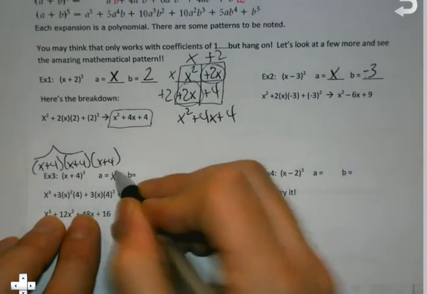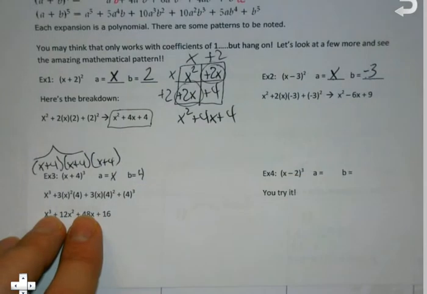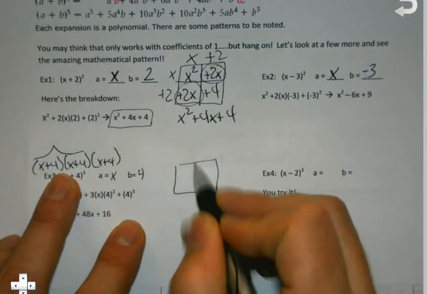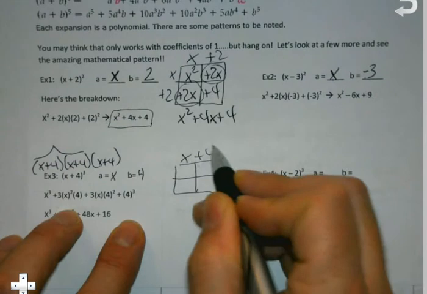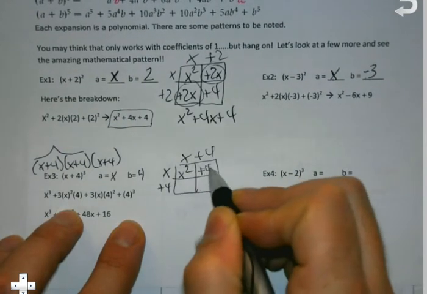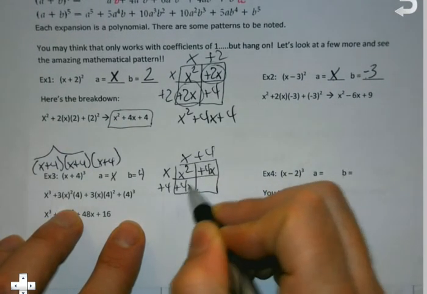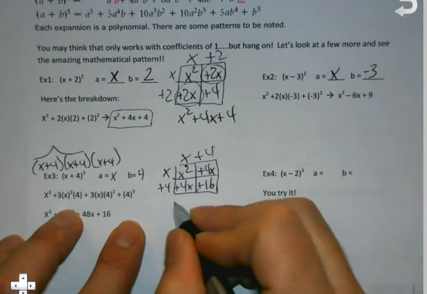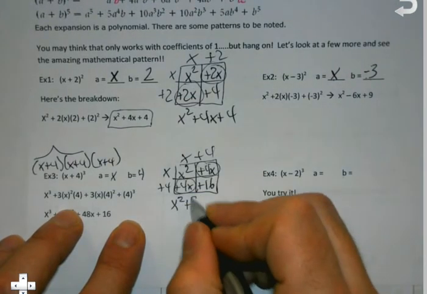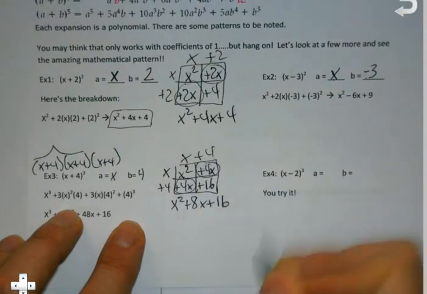I know this is my x, this is my a and b. Could I say, okay, I'm going to do a 2 by 2 box here. I'm going to multiply this out because it's kind of comfortable and I'm good with it. I get my x squared, I get my 8x and my 16.